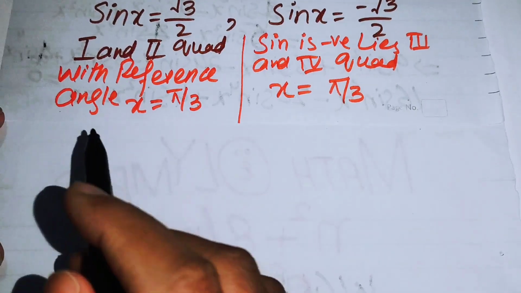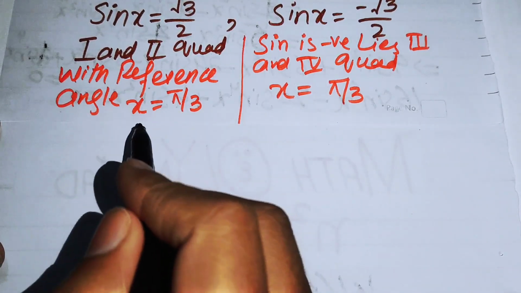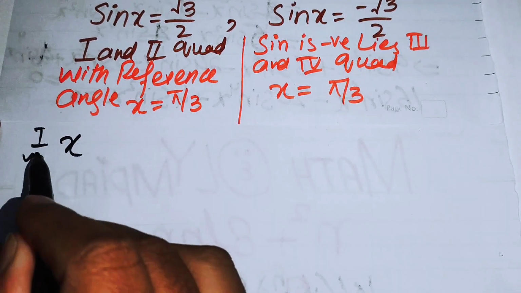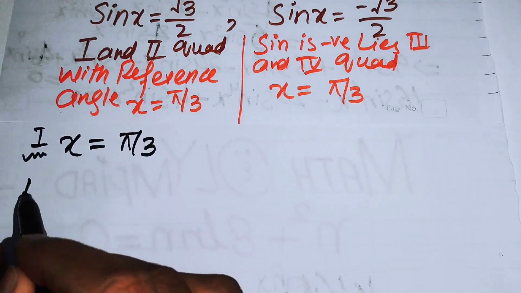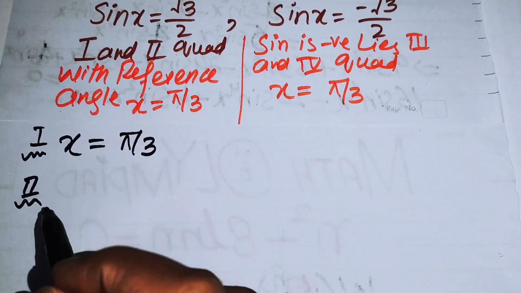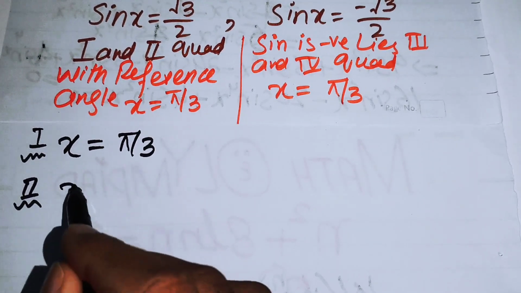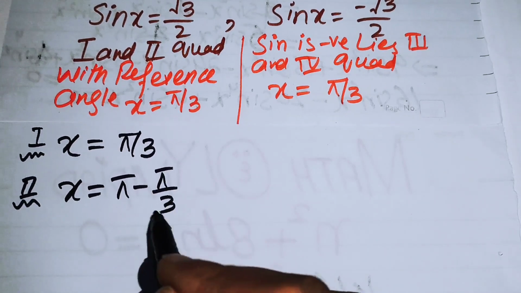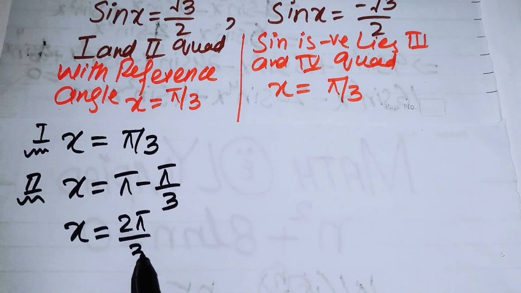And now in the next step, you know that the angle in the first quadrant is equal to our reference angle, so in the first quadrant we will write x equals to pi by 3, and in the second quadrant we know that the value of the angle is x equals to pi minus pi over 3, so here you get x equals to 2 pi over 3.